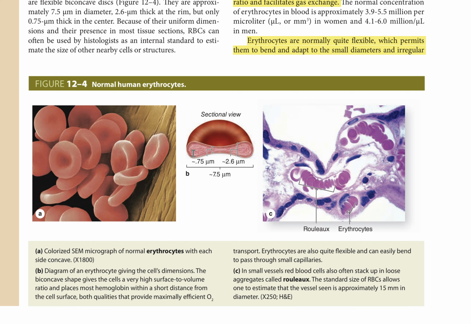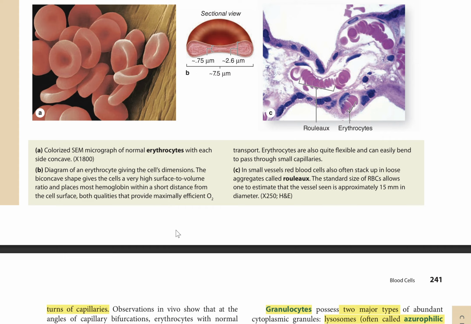So this is the structure of one red blood cell, and its thickness from the center and the thickness from the corners are described in this picture, in this sectional view. And this is the microscopic slide picture of it.